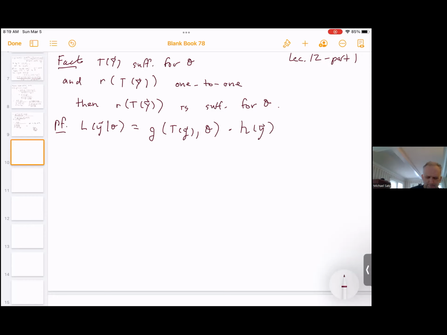And since R is invertible, we can write it like this: G of R inverse of R of T of Y, and theta, and H of Y. I feel like we're done. We just showed the factorization exists, right? I think this is enough.